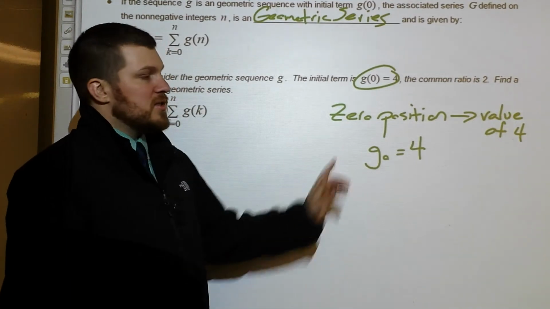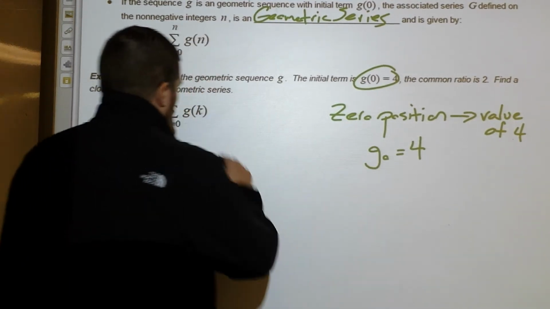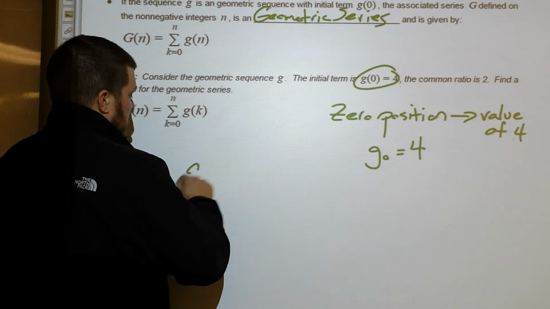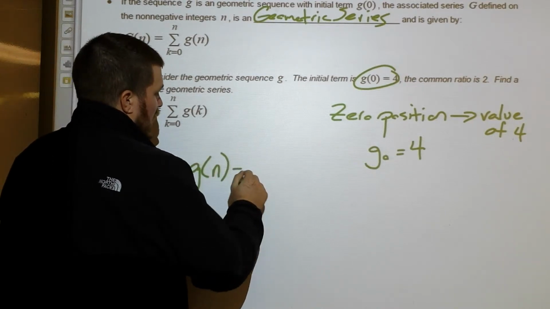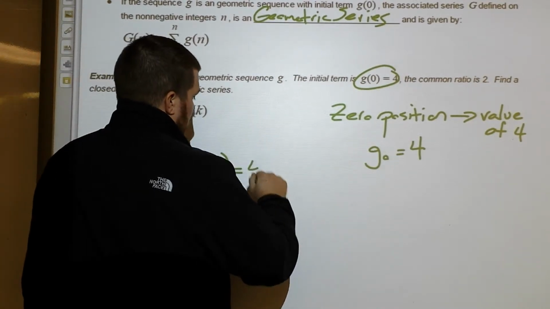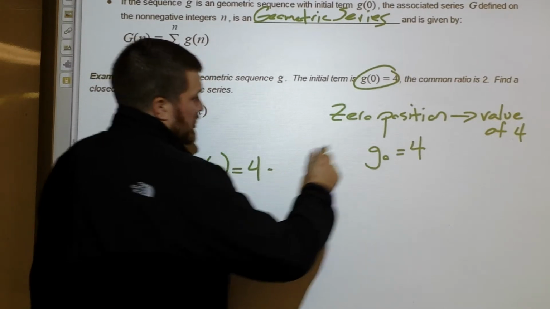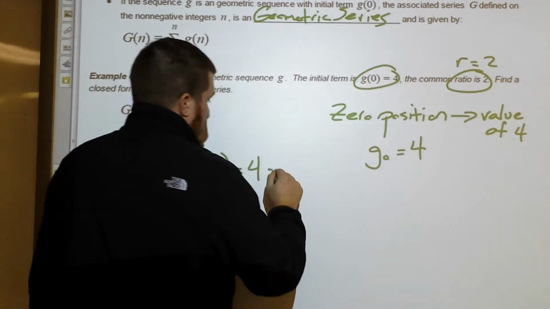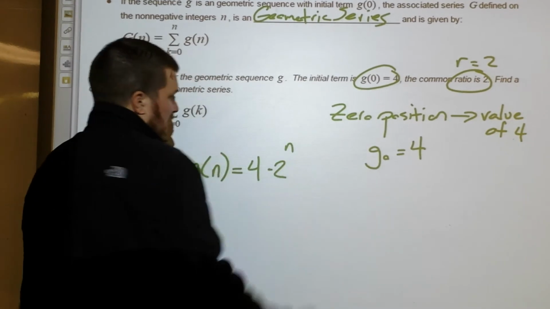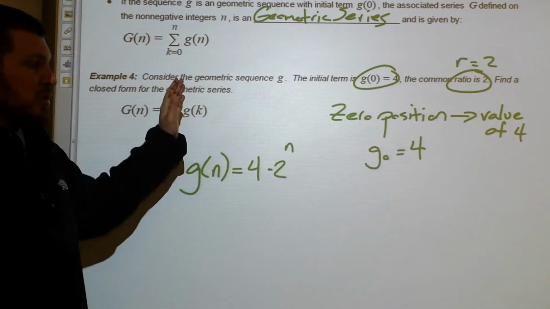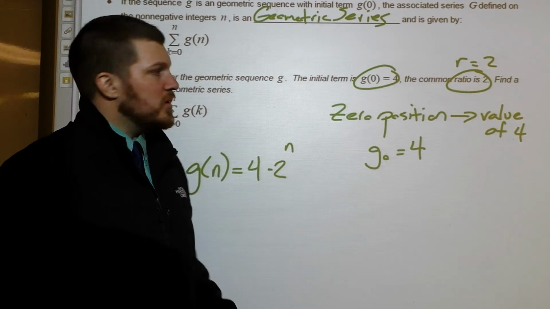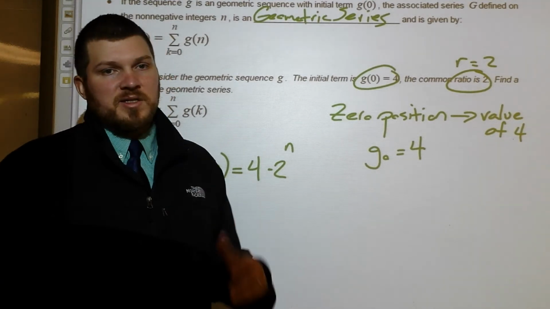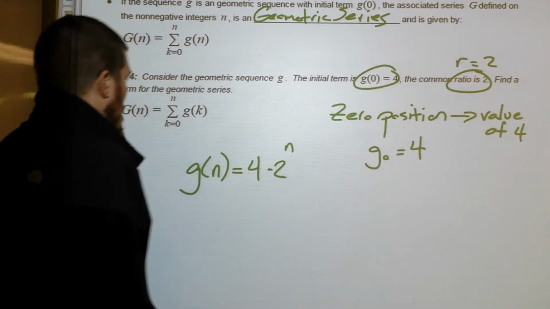Since we're starting in the 0 position, our rule for our sequence, little g of n, is 4 times the common ratio, which we're told is 2. So 4 times 2 to the n power. Look back on the previous slide, so rewind it a little bit if you're not sure how I'm getting this, since I'm starting with the 0 position.